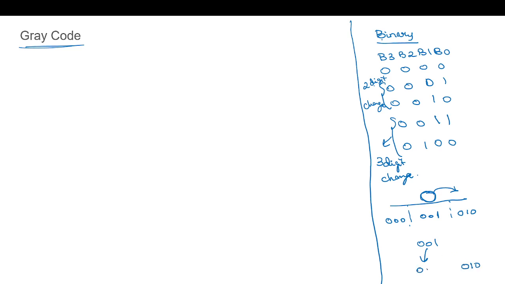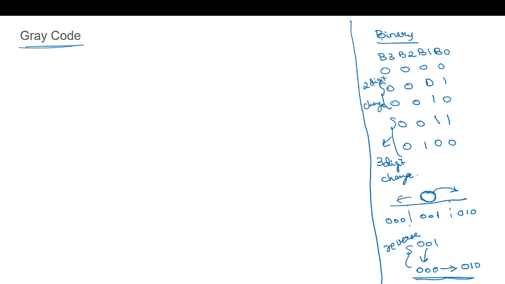If initially 1 bit is changing, this 1 to 0, and then it is changing to 0 1 0. In this way it will be like it is moving in reverse direction. So in this way there can be an error when we have 2-bit change or 3-bit change. So we want a code which will have 1-bit change.